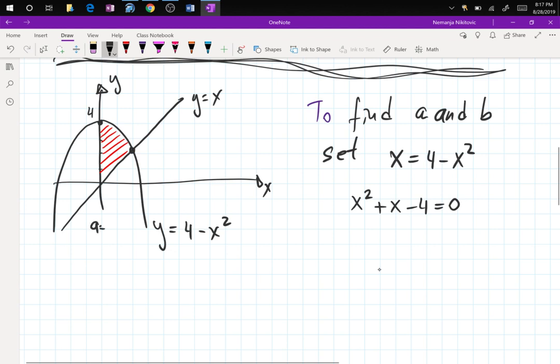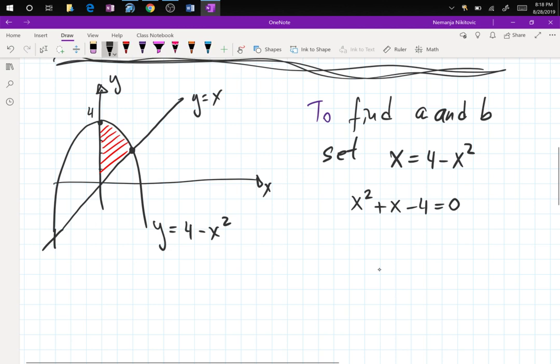Please note that a is equal to 0. I did not shade all the way on the other end to include the other intersection. There is an intersection here, but I'm not asking for this at all. So my a is not going to be at this intersection. My a is at 0 because I only want 0 to the second intersection.